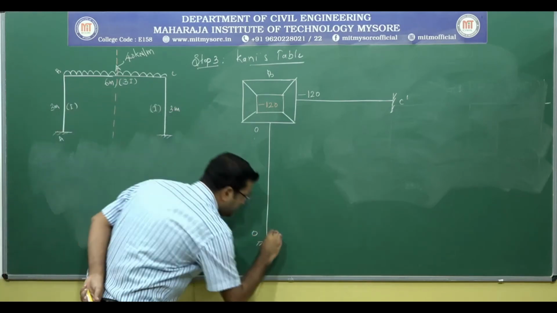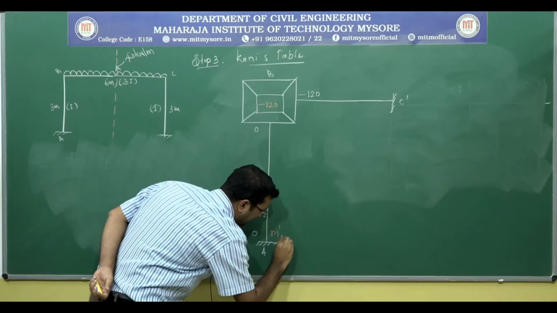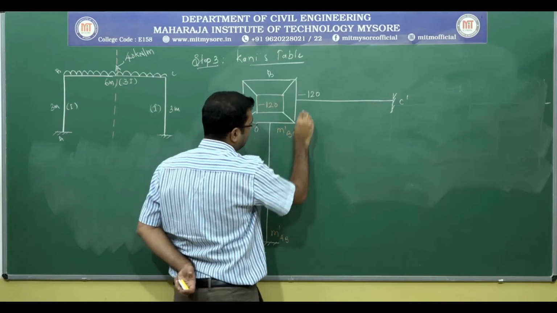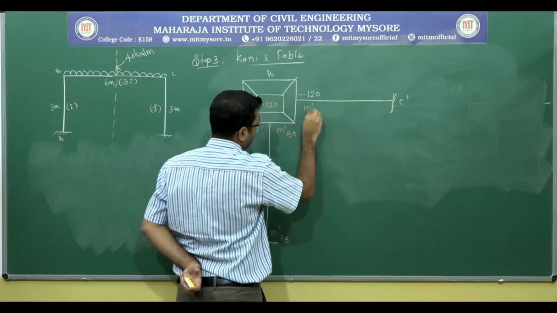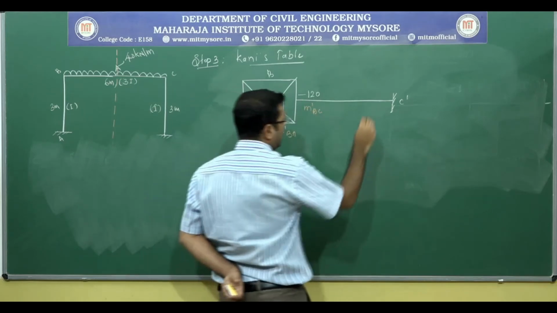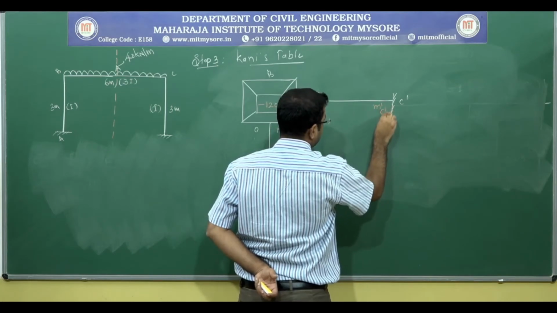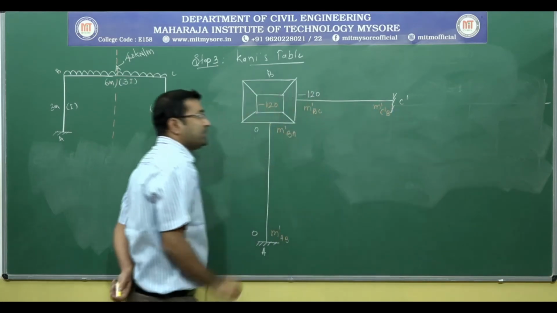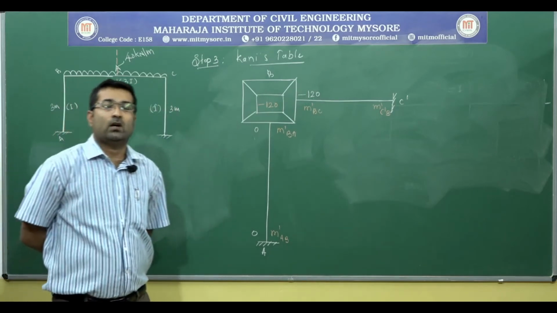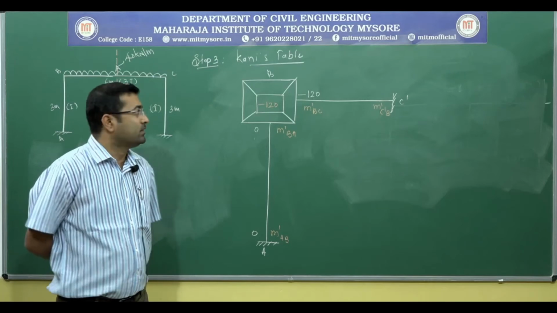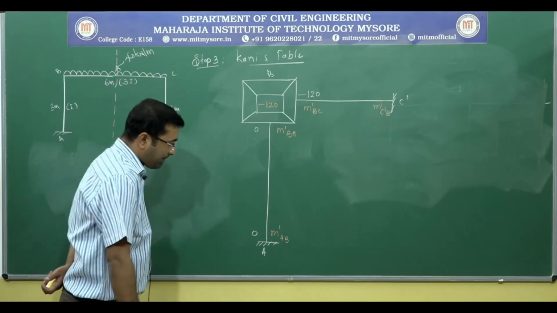So what we need is M dash AB, M dash BA, M dash BC and M dash C dash B. Okay. So these are the rotation contributions we need to calculate for the further evaluation.